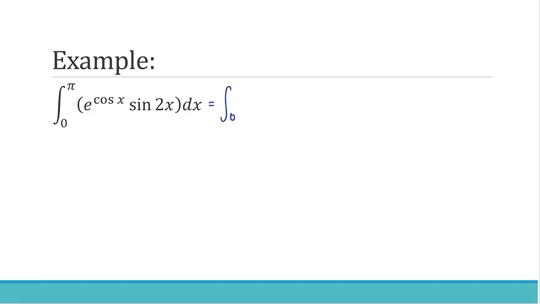So this is the integral from 0 to pi of e to the cosine x times 2 sine x cosine x dx. This is the double angle identity for sine. And that's got to be the first step on this problem in order to get the ball rolling.